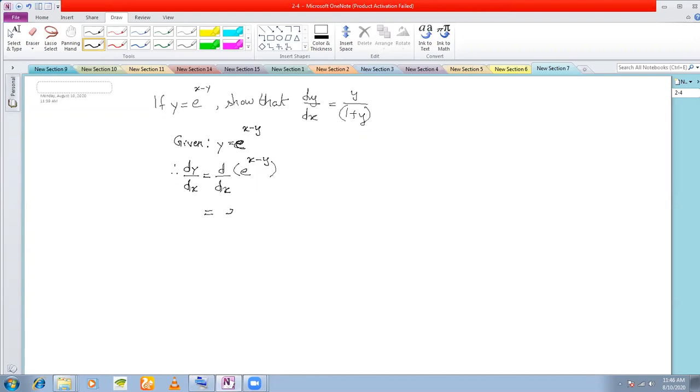First you will differentiate e to get e to the power of x minus y, and then differentiate the power, d/dx of x minus y, which is e to the power of x minus y into d/dx of x minus d/dx of y, which is equal to e to the power of x minus y into 1 minus dy/dx.